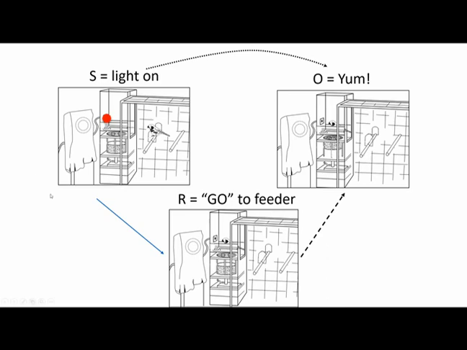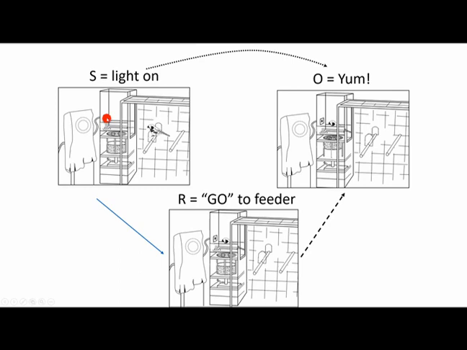So as a quick refresher of what this situation is here, we have our feeder, where there's a food cup that will rise when the bird hops into the feeder and breaks an infrared beam under the correct conditions. There's also a speaker here for experiments that need a speaker, and then we have the bird here on a perch, ready to hop into the feeder should the situation call for it.